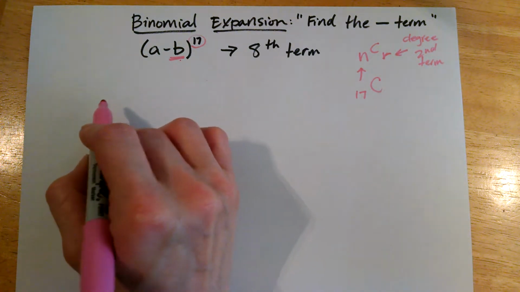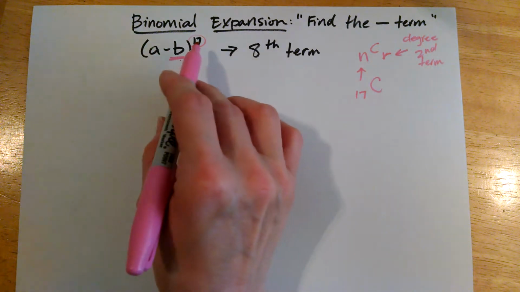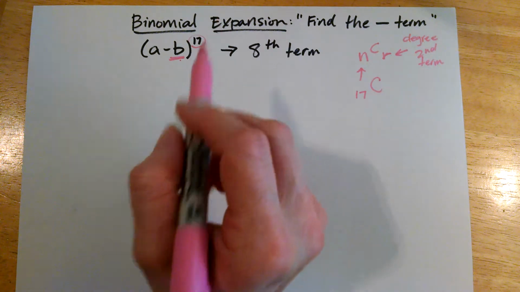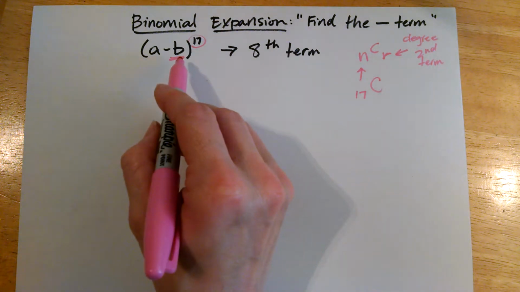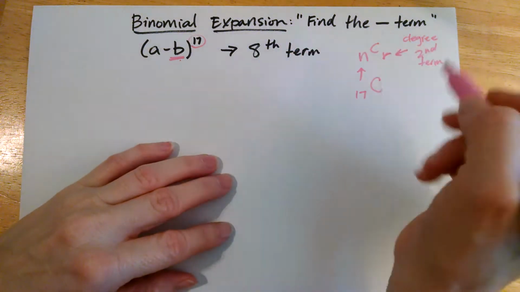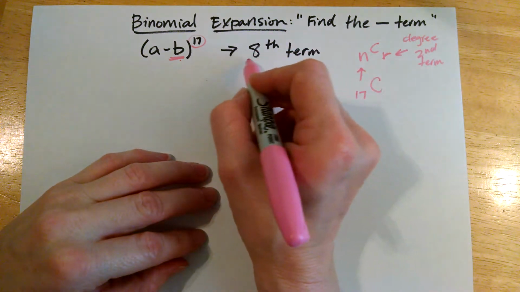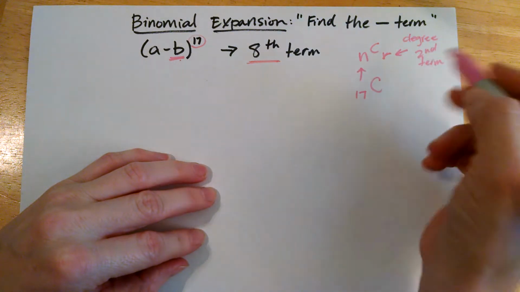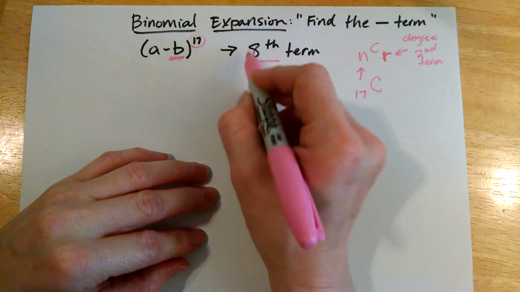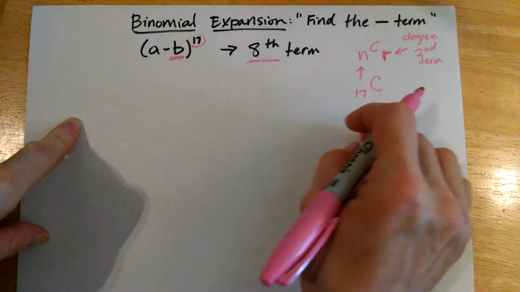Our next term would involve the a to the 16th and b to the first power. So since it doesn't occur in the first term, we have to go one down from the term that we're looking for, because this relates to the second term and this relates to the actual terms in the lineup.